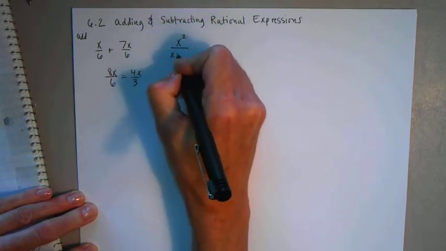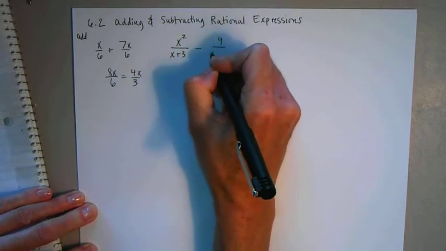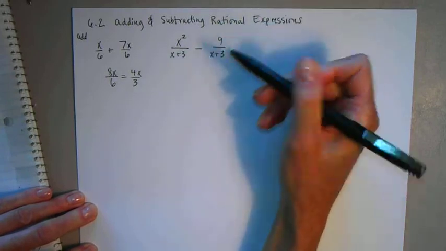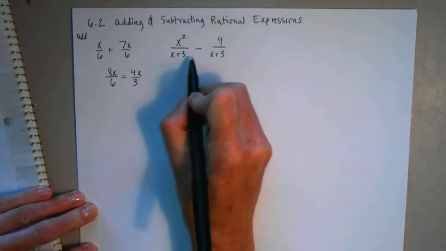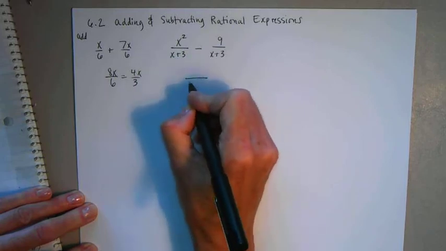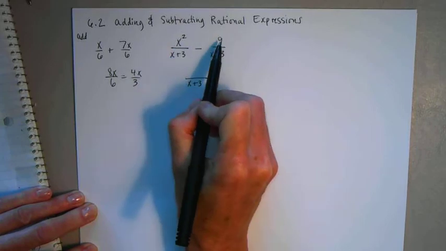x squared over x plus 3, subtract 9 over x plus 3. Clearly rational, x is in the numerator and the denominator, and nicely a common denominator. So I'll just go ahead and write that in my answer. And then I'll do the subtraction in the numerators.